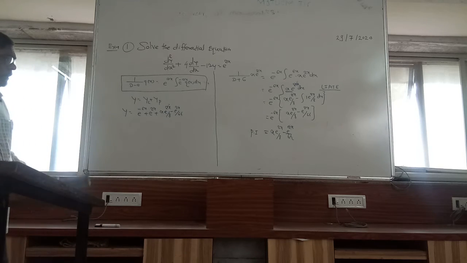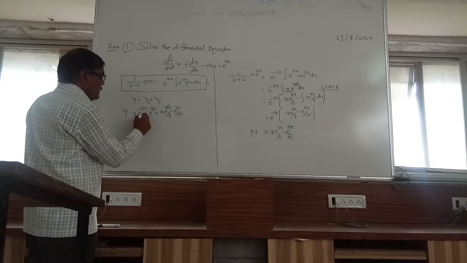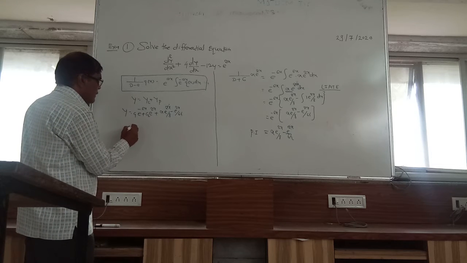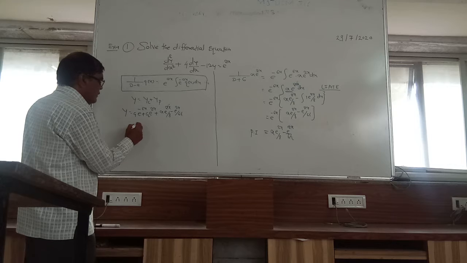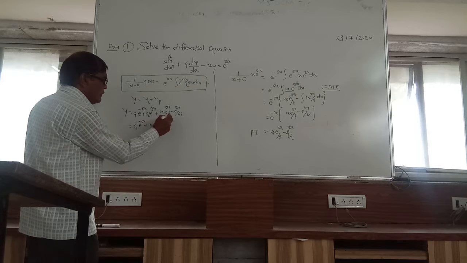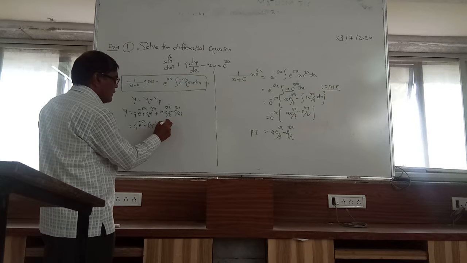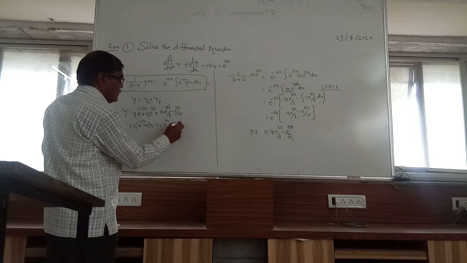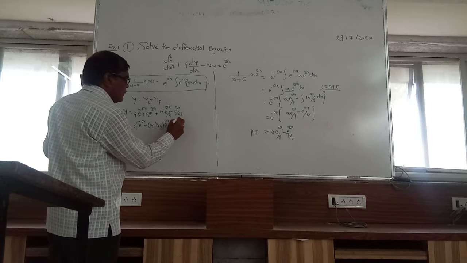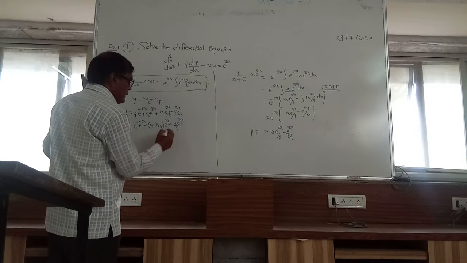But here if we observe c1 and c2, if we take these constants like this: c1 dash e raised to minus 6x plus c2 minus 1 by 64 e raised to 2x plus x into e raised to 2x upon 8.